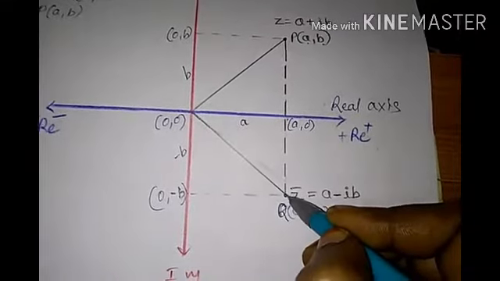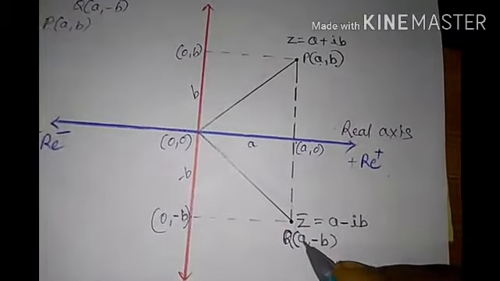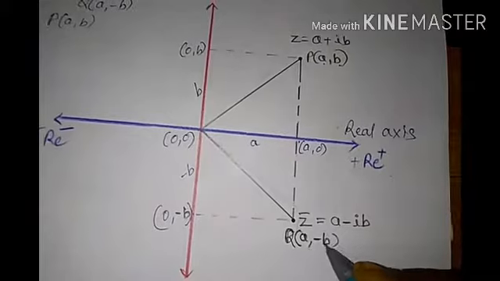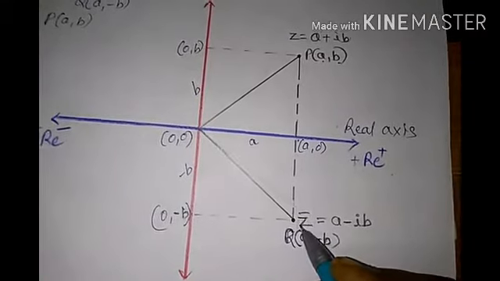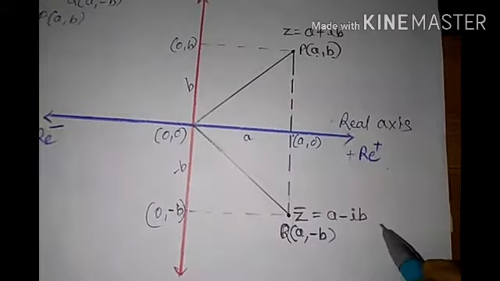So here is the point Q (a, minus b). It is the conjugate of the complex number z, where z equals a plus ib and its conjugate is a minus ib.